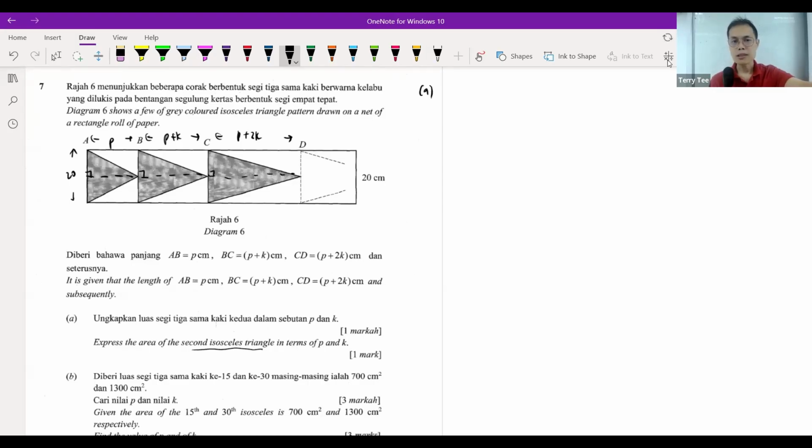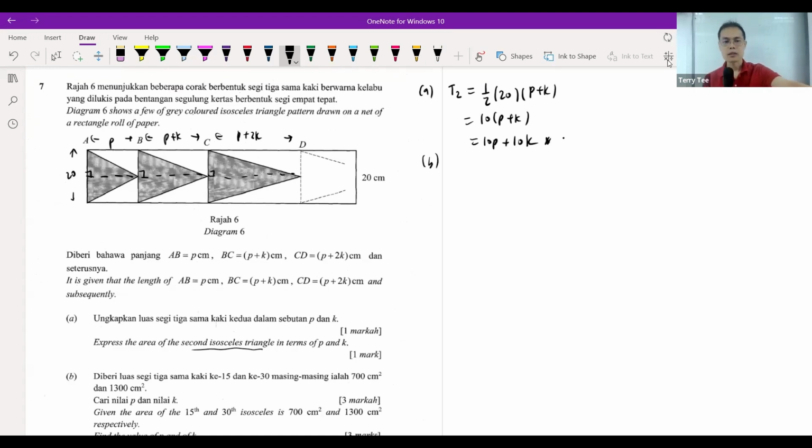Let us find out the area of the second isosceles triangle T2. It will be half times 20 times P plus K. So this is 10 of P plus K. When you expand it, you get 10P plus 10K. That's the area of the second isosceles triangle.